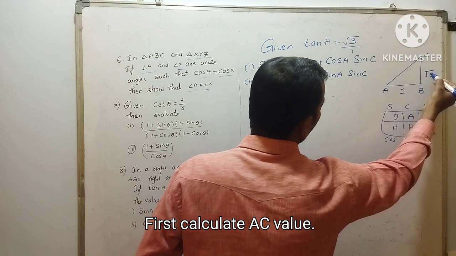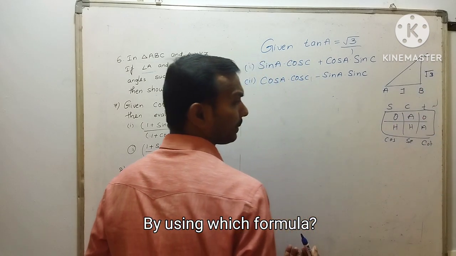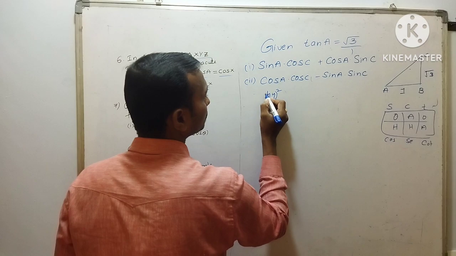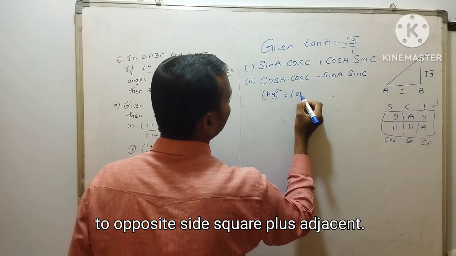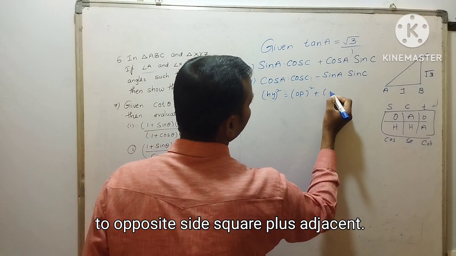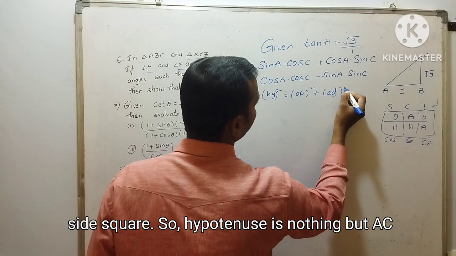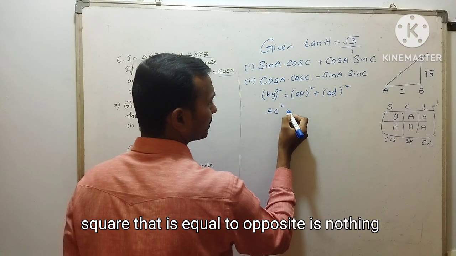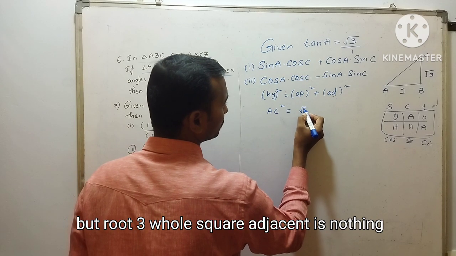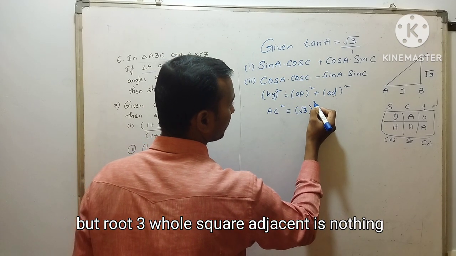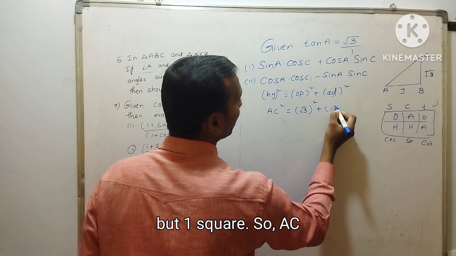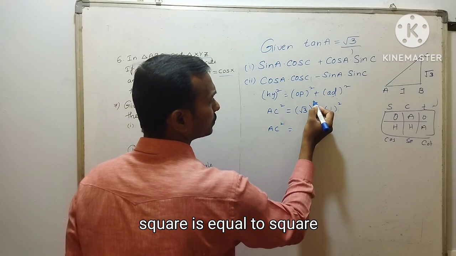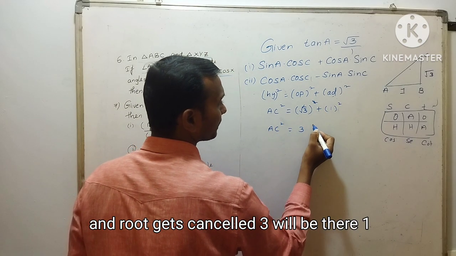First calculate the AC value. By using which formula? Pythagoras theorem. Hypotenuse square is equal to opposite side square plus adjacent side square. So hypotenuse, AC square, is equal to opposite, root 3 whole square, plus adjacent, 1 square.